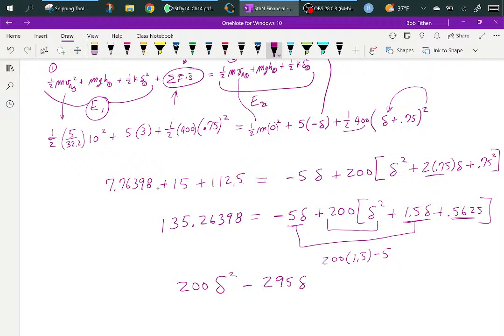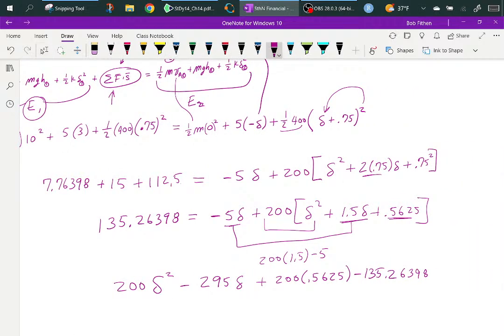And now I got to take this term, which is 200 times 0.5625 minus 135.26398. He will not like that. Okay, so let's get rid of that, and maybe I can get this other part figured out.